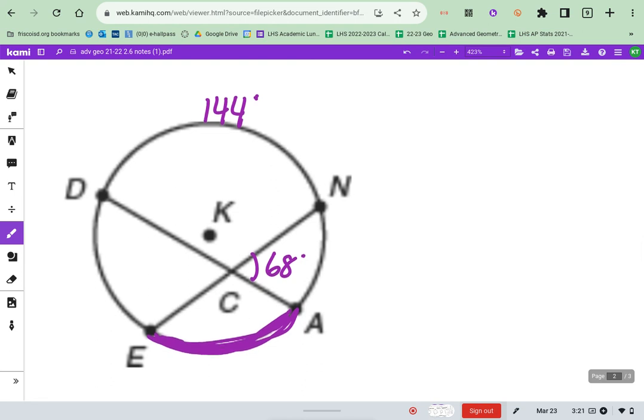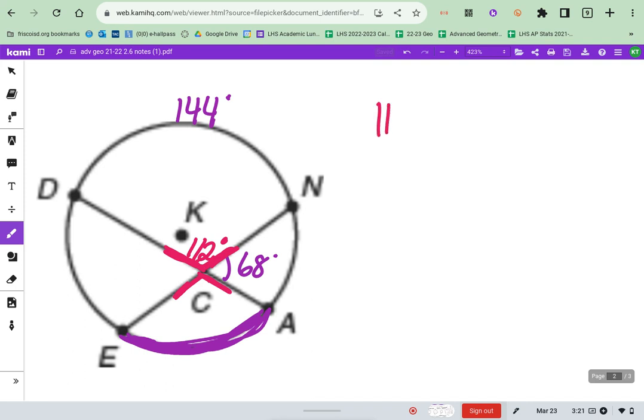Okay, so around the room, I'm hearing that you guys were finding other angles. Like you found this one first, right? What else did you find? You can find this one. Essentially, you just need to either find ECA or DCN, which is 112. They're both 112 because 112 plus 68 is 180, since they're a linear pair. So now we can say angle inside, so 112 equals 144 plus x, divided by 2.